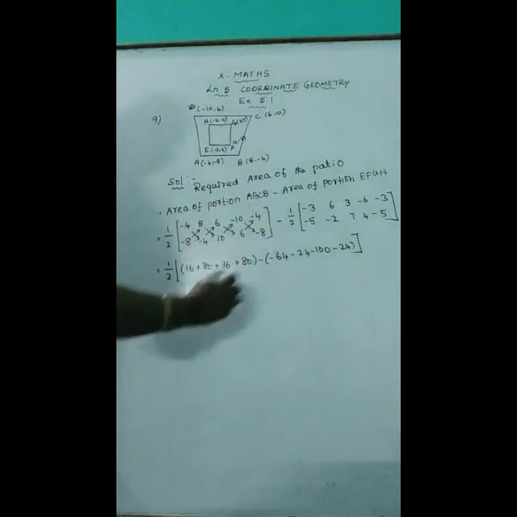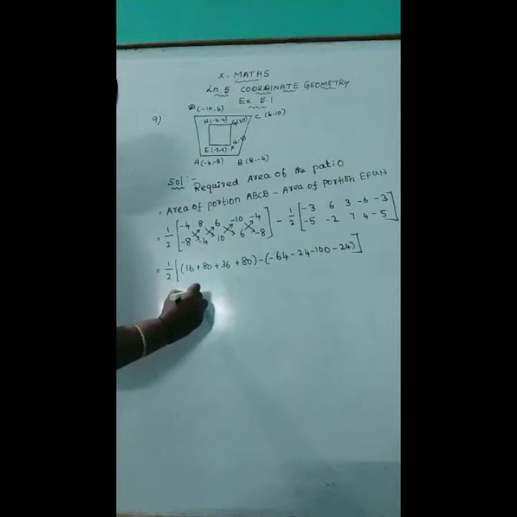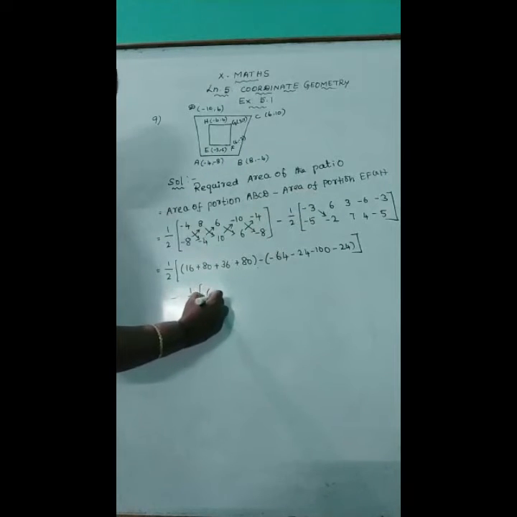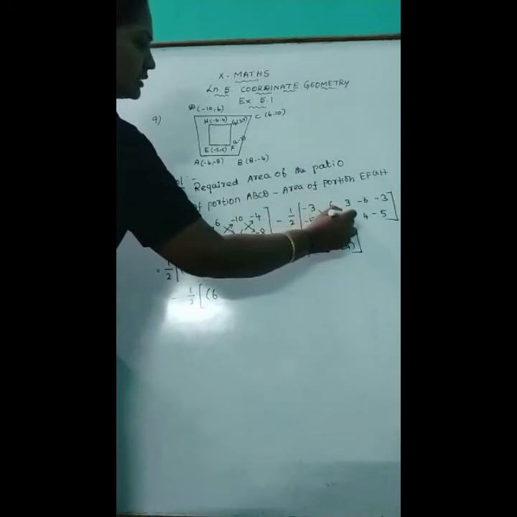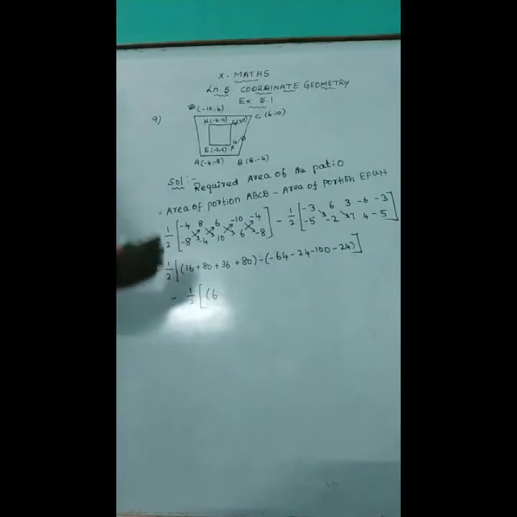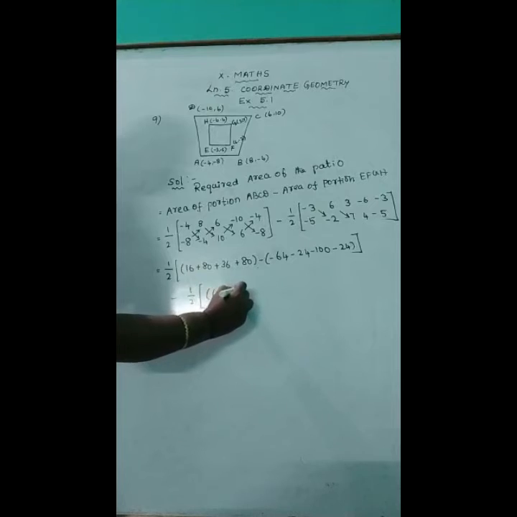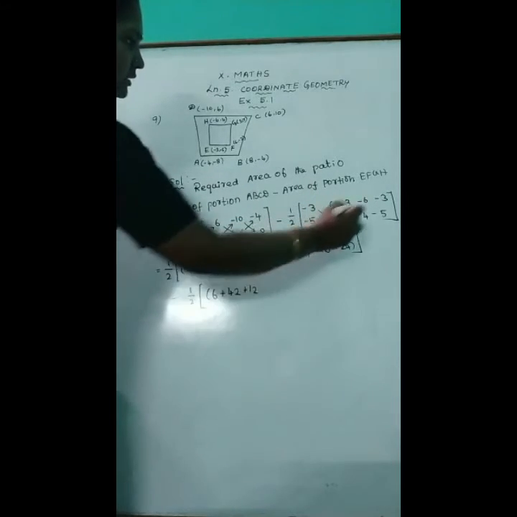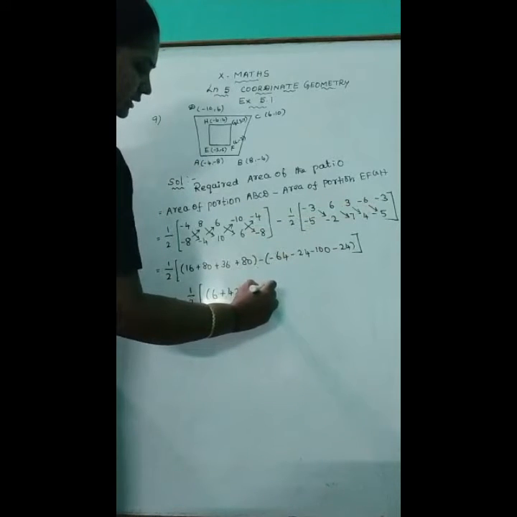Next one is subtracted from 1 by 2 into, we multiply the other portion: 3 into -2, we have 3 2s are 6, 6 7s are 42, then 3 4s are 12, then 6 5s are 30.